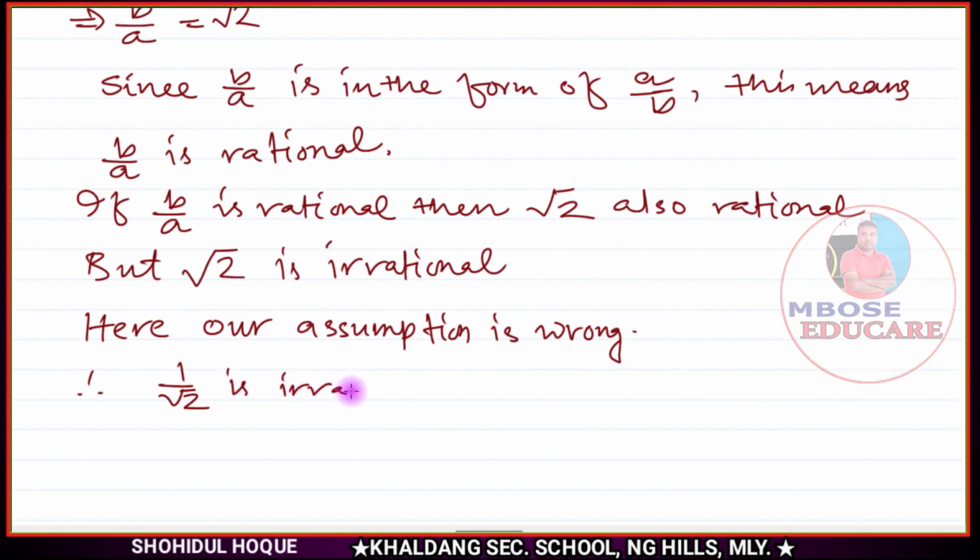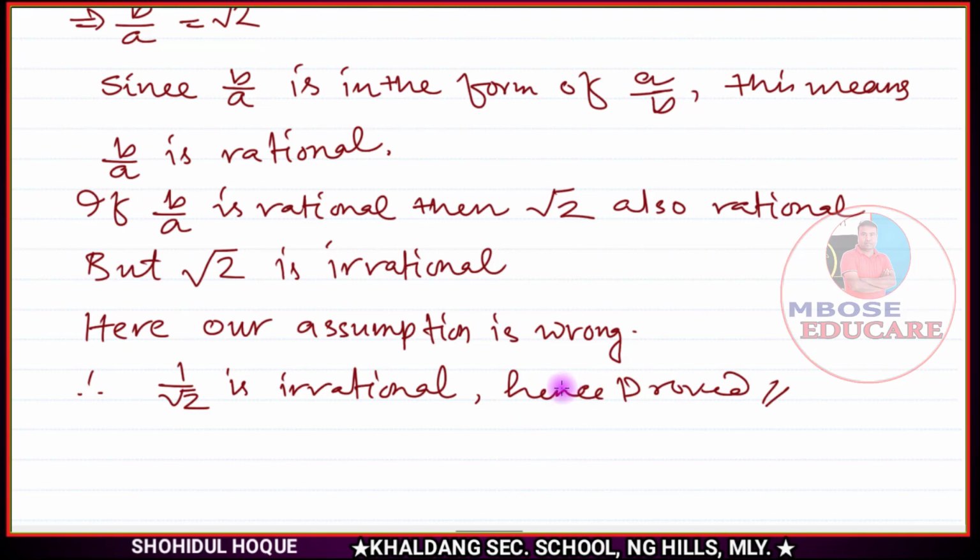We can write this. This is the fact. This number is irrational. Hence, proved. We have proved this. Alright. So here we have solved part number 1 from question number 3.